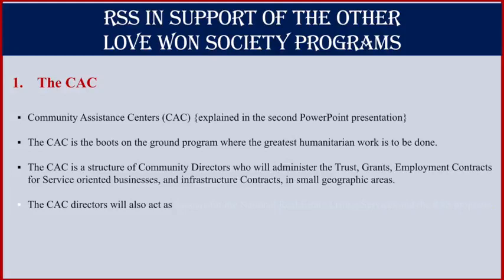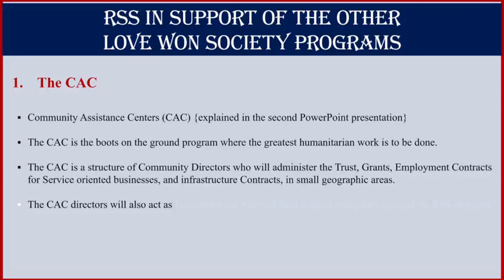Now, RSS, in support of other Loved One Society programs, the CAC, will go into greater detail on that, but the Community Assistance Centers are explained in the second PowerPoint presentation. CAC is the boots on the ground program where the greatest humanitarian work is to be done.